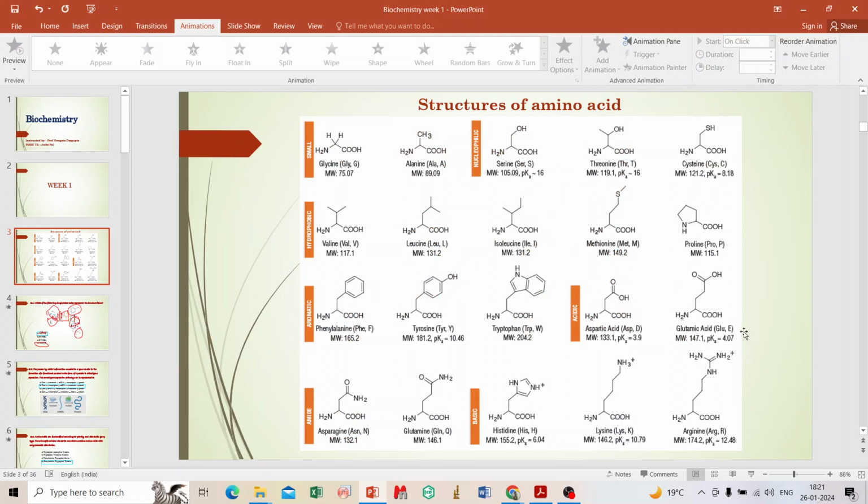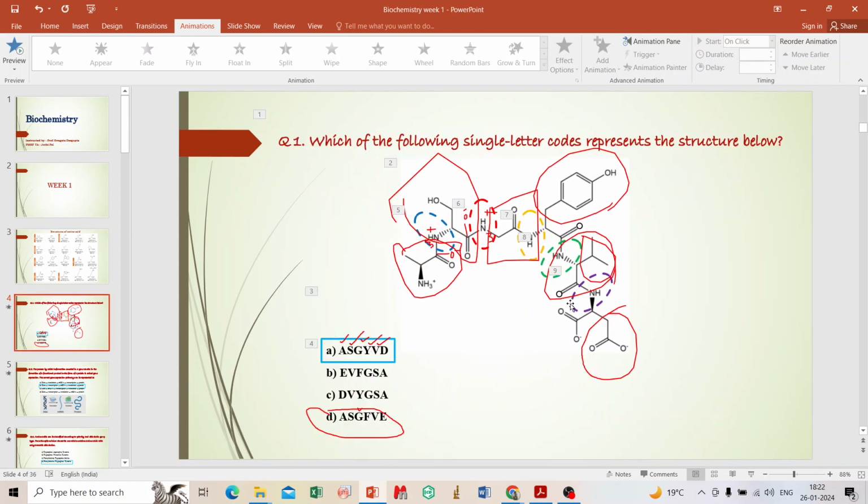The last one is aspartic acid, right? So this is the structure for aspartic acid, that is CH2COOH, and for our case also the R group was CH2COOH. So the single letter code for aspartic acid will be D.